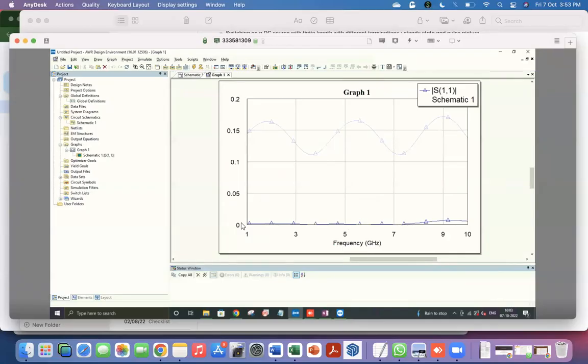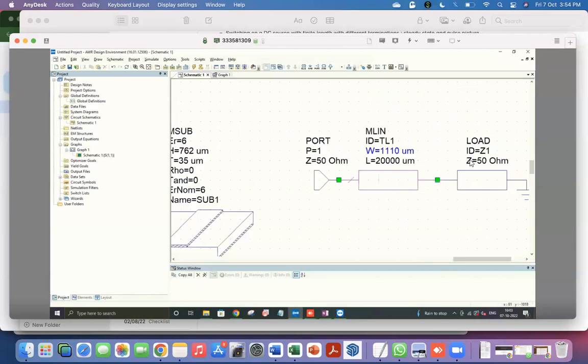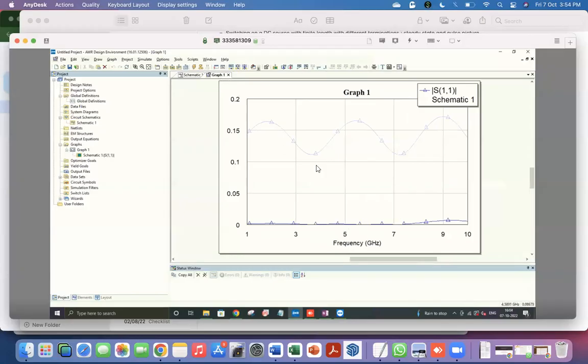In terms of the number of wavelengths, it's very small. So you will actually always get matching. Even if this was 50 ohms and that was 50 ohms and this was anything, but you go to 0 frequency or to kilohertz frequency, then it's just like a piece of wire. It doesn't have any role to play. So it's important to keep it long enough that there are several wavelengths so that you can see this kind of a periodic behavior, and that will then tell you what's going on with the transmission line.